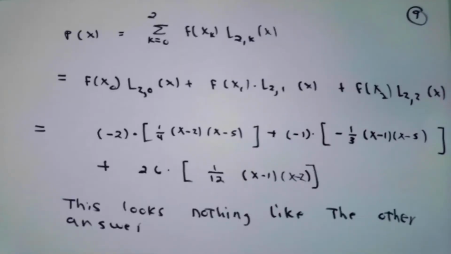Now, if we take these Lagrange polynomials and write out the actual interpolating polynomial in Lagrange form, it turns into this horrific mess. It doesn't look anything like the other answer that we got. A person might be forgiven for thinking that this is a different polynomial, but we'll see about that.